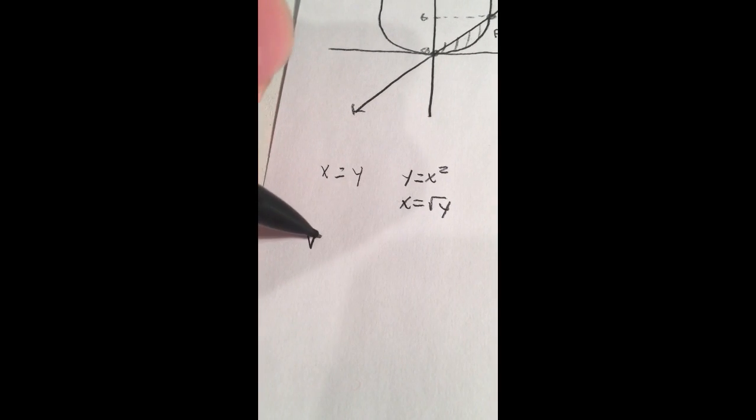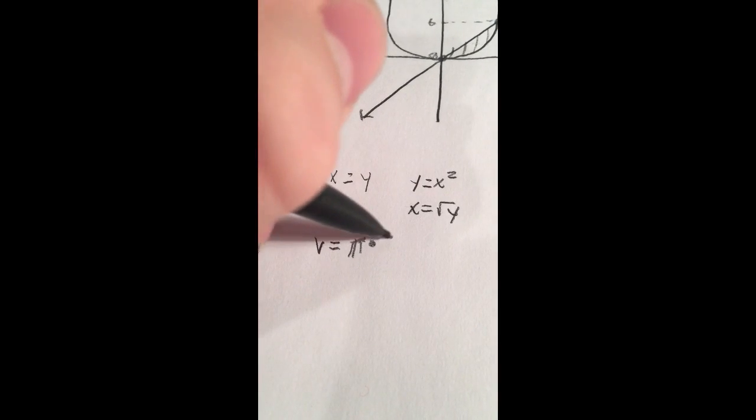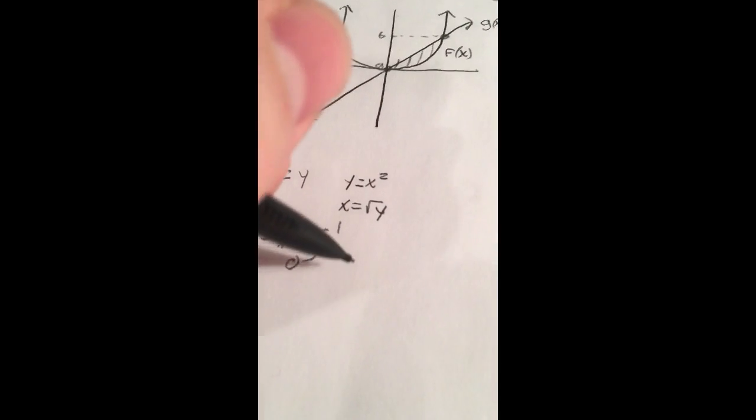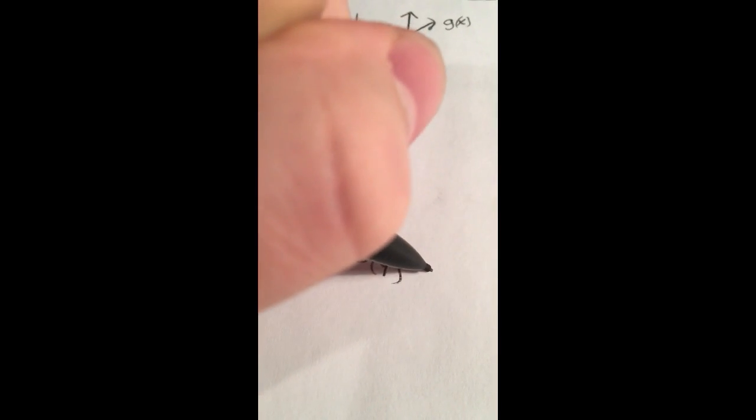So the setup is going to be V equals pi times the integral from 0 to 1 of the square root of y squared minus y squared with respect to y. And it'll look like that.